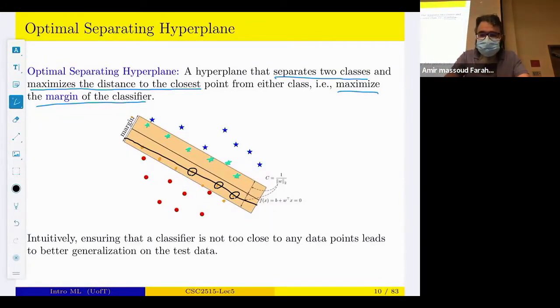Is this maximize minimum distance related to minimize all distances? Well, I guess you need to define what minimize all distances means. You mean the sum of all distances? Because for all distances, we have different numbers for each of them. Here, we are maximizing the minimum distance. But we are not minimizing, for example, the sum of all distances or something like that.